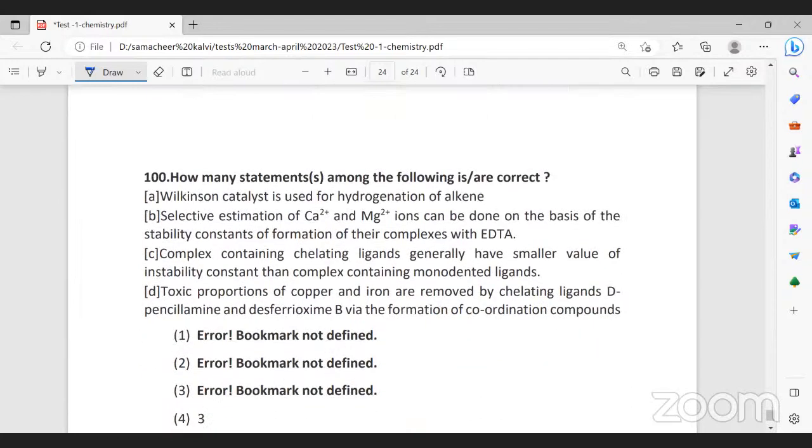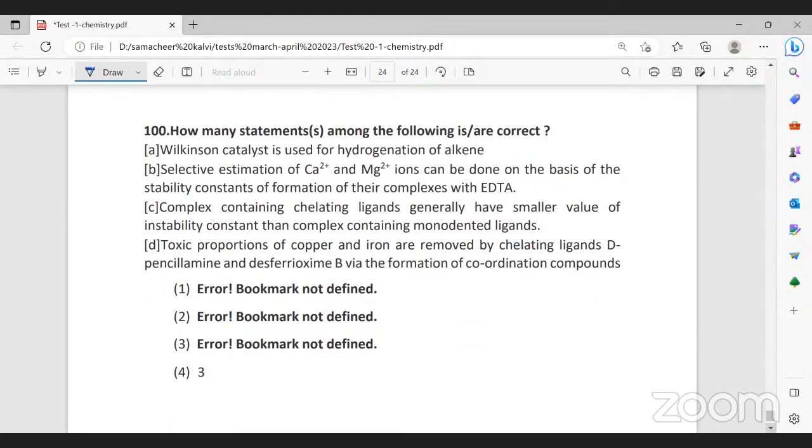The next question, how many of the following statements are correct? Wilkinson catalyst is used for hydrogenation of alkene. Very right. Estimation of calcium and magnesium ion can be done on the basis of stability constant of formation. This is complexometric titration. This is also correct.